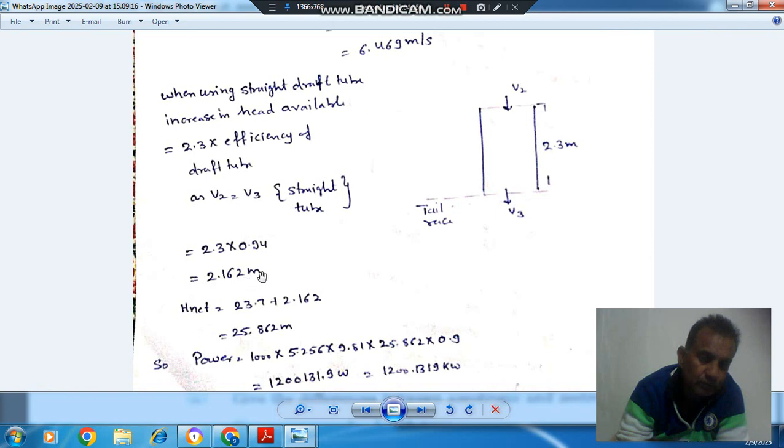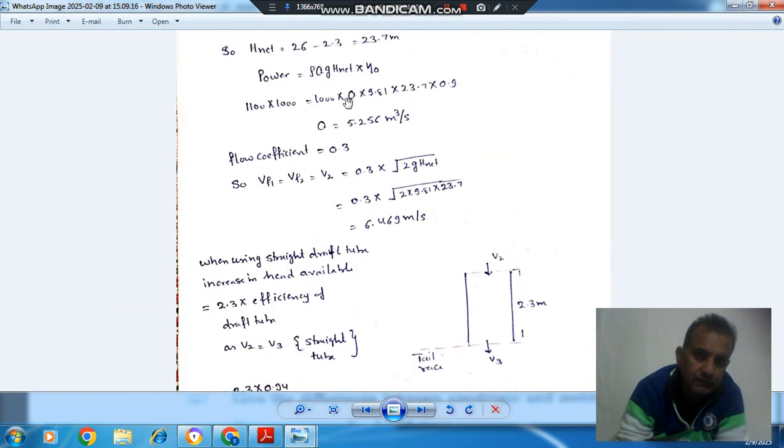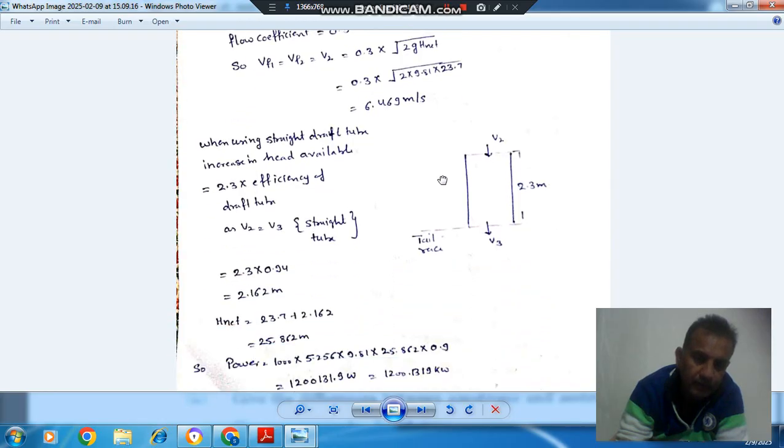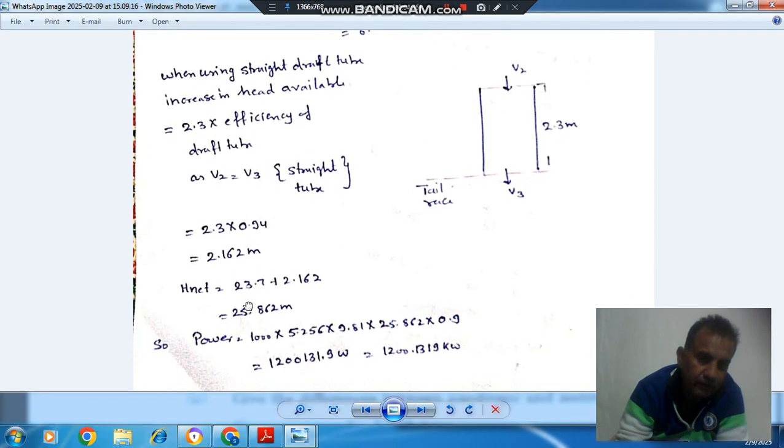Initially without draft tube the head available was 23.7. Now due to this extra head provided by the draft tube, the net head will increase: previous net head 23.7 plus this, that is 25.862 meters.